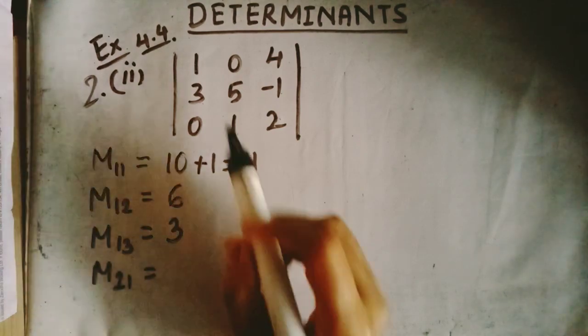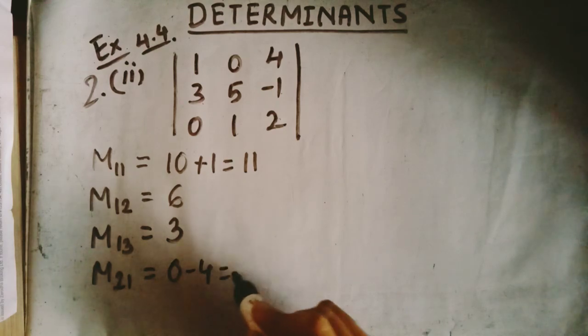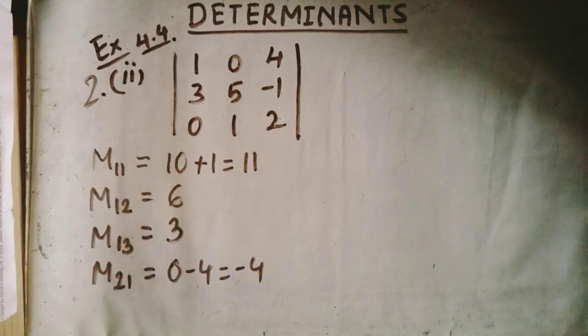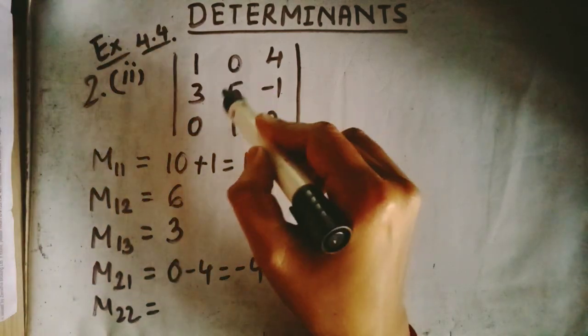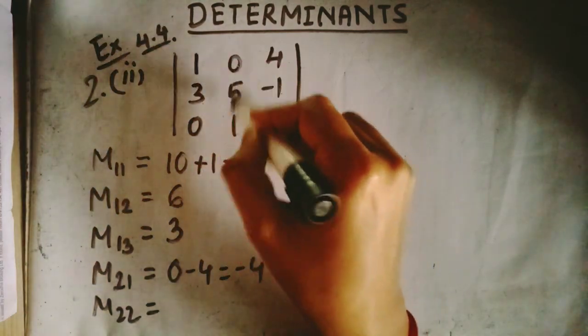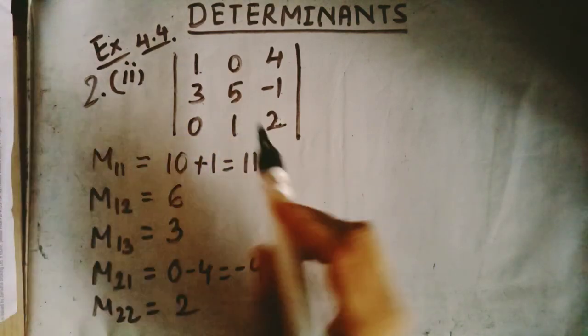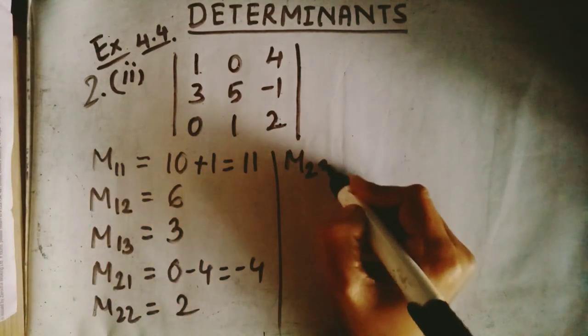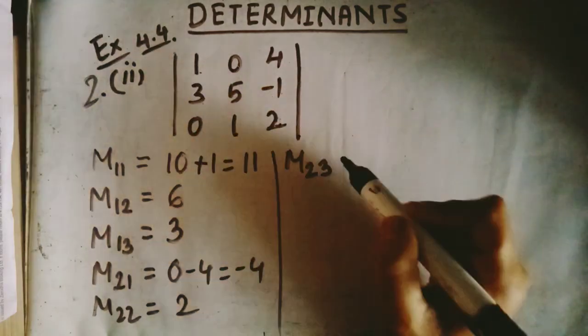M21, 0, minus 4, so minus 4. Okay. M22, 2. Then M23, 1.